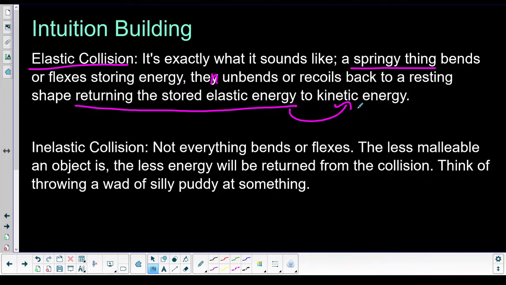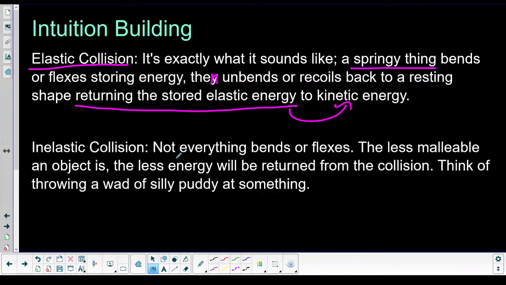Okay. Inelastic is quite literally the opposite. It's anything that doesn't flex and bend. Anything that's really malleable and doesn't retain shape well, like water. Water is not elastic. Socks, stretchy? If you stretch them, maybe, but they don't bounce, right?